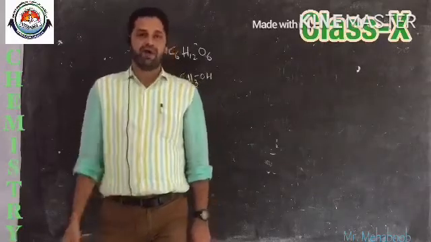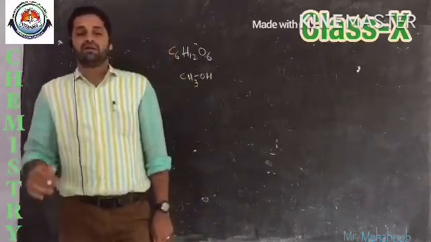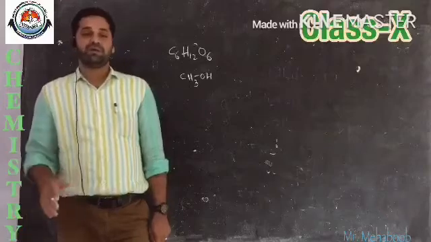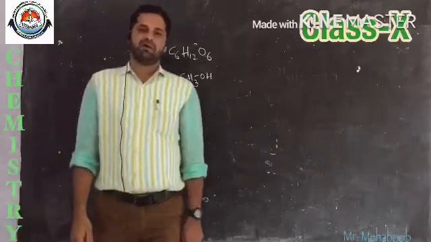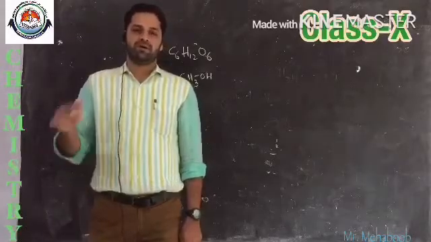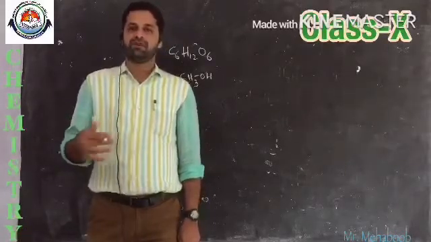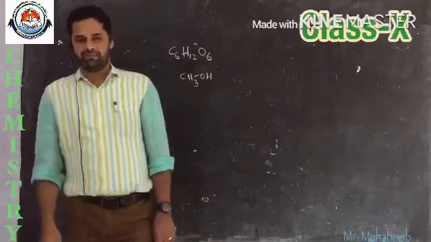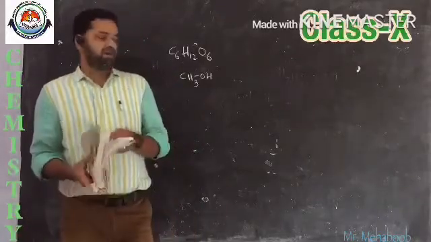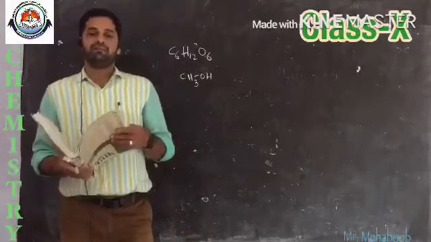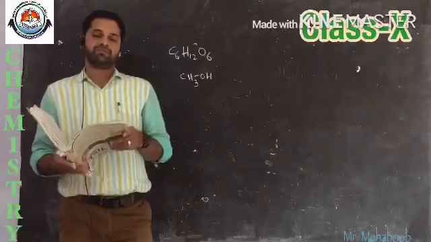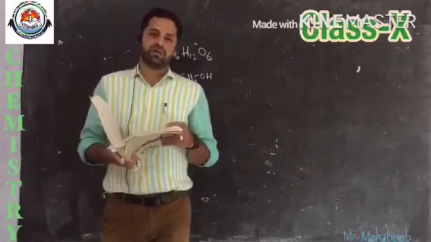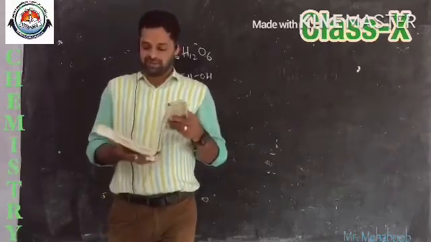Distilled water does not contain any kind of ions, and lack of ions is responsible for the non-conductance of electricity, but rainwater contains many acids. So acid ions or different types of ions are there, and these ions are responsible for the conduction of electricity.